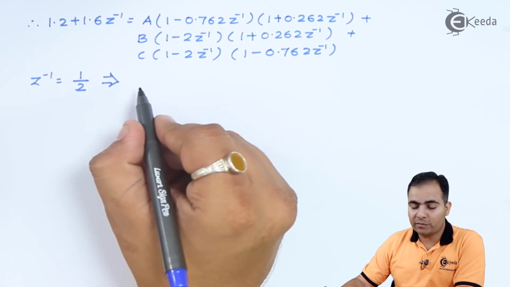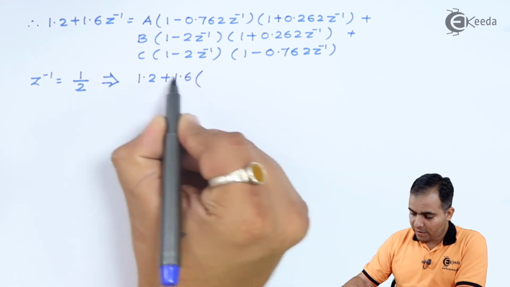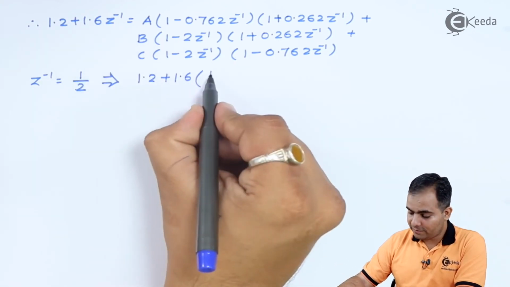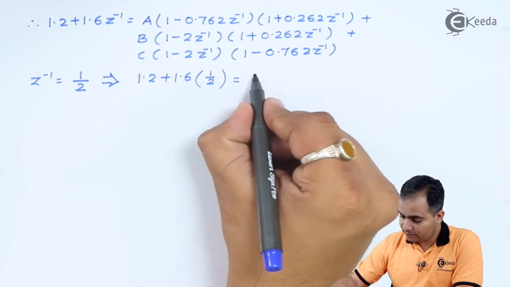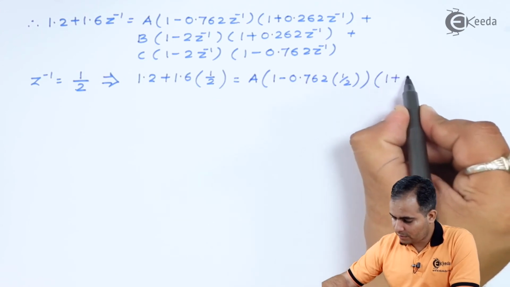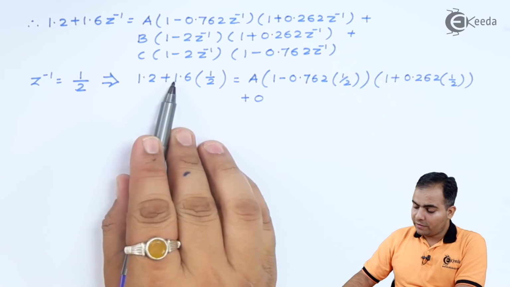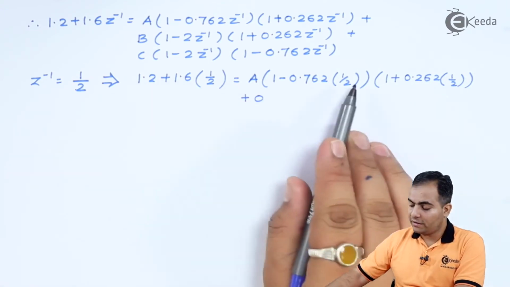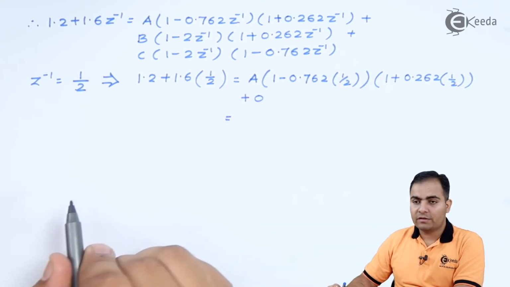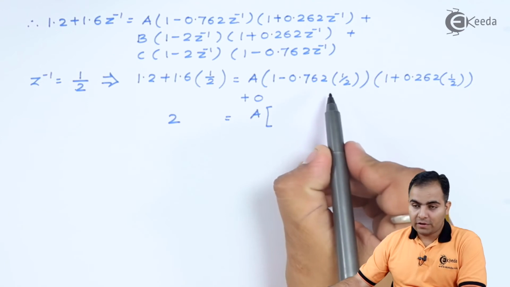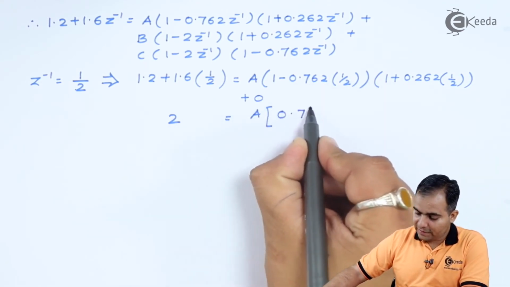So I'll substitute z inverse equal to half in my equation number 2. This z inverse is replaced by half, and these two are also replaced by half, and plus I can write 0. Now I'll solve the left hand side and these brackets, and then you will get the value of A. After solving the whole bracket, I got this result 0.7.